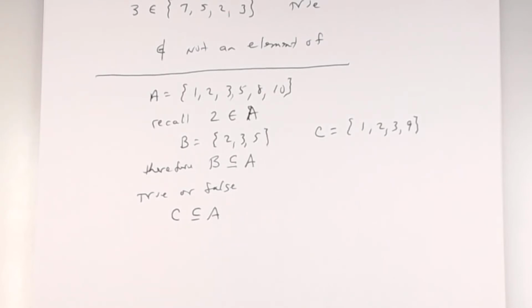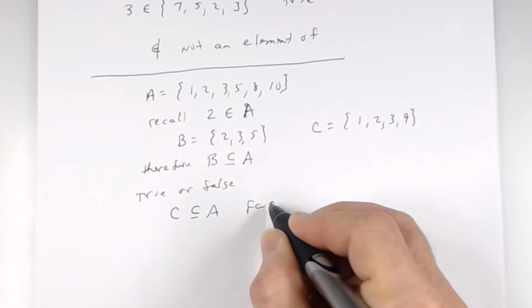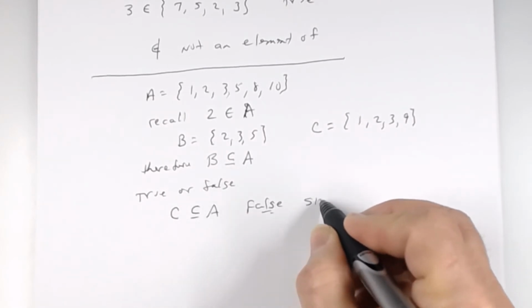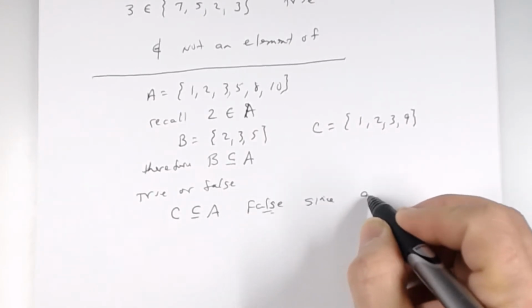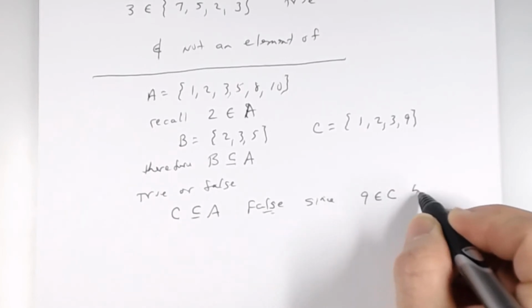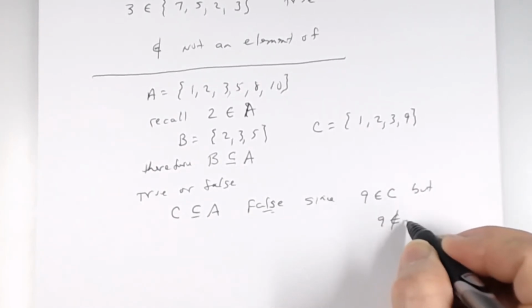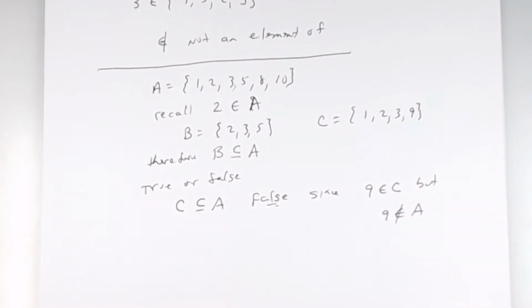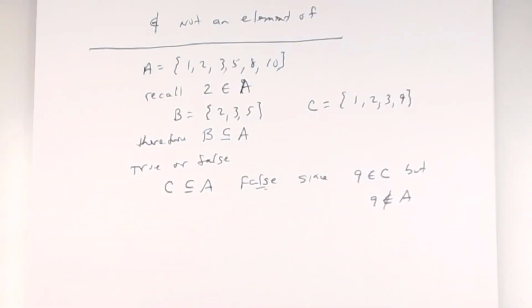Yes, 9. So that's false since 9 is an element of C, but 9 is not an element of A. We found an element that doesn't work. Okay?